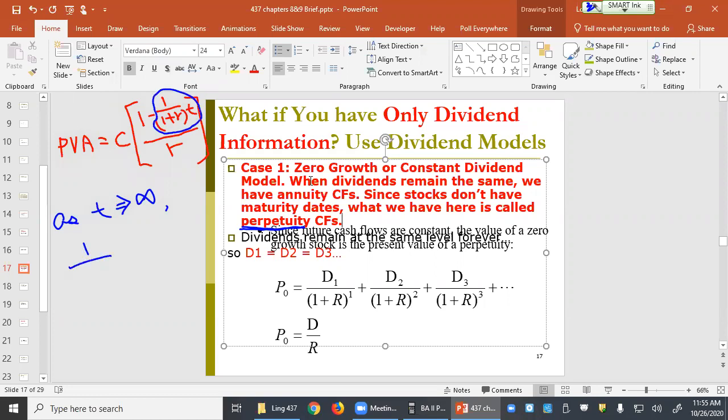The 1 over 1 plus r to the power of t: the 1 in the numerator remains the same, but in the denominator, when t approaches infinity, the denominator explodes and becomes infinity. So when you have 1 over infinity, by definition, it is equal to 0. That means when we have perpetuity cash flows, that term in the blue circle disappears and becomes 0.